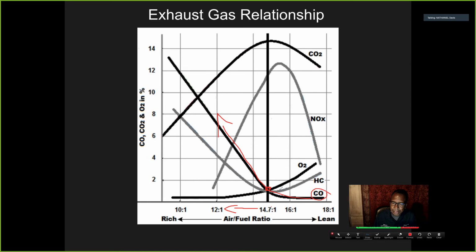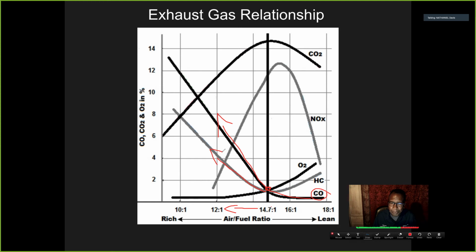Now look at this. Here's HC. It's a follower gas. It follows right behind CO. And the reason I'm saying that is because when the plugs start to foul out because they turn black, you start to get a slight misfire or unburned gas. I should say unburned vapors.